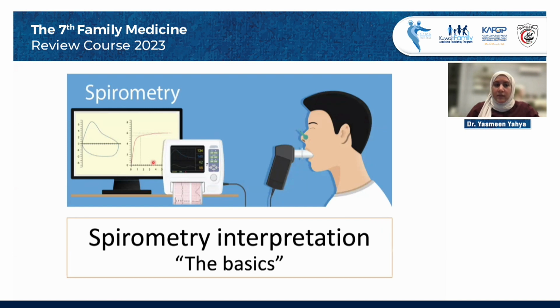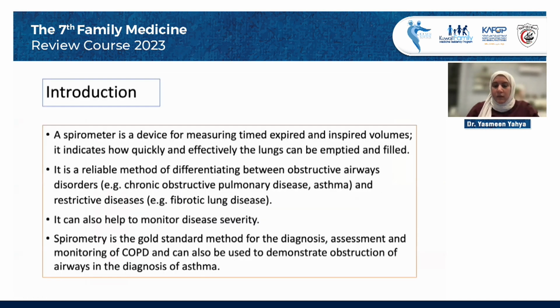Okay, so let's start with spirometry, the basics of spirometry interpretation. What is a spirometer? It's a device to measure the timed expired and inspired lung volumes. So it tells you how quickly and effectively the lungs can be emptied and filled.